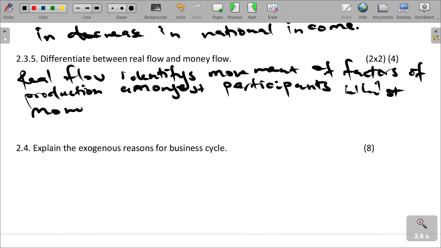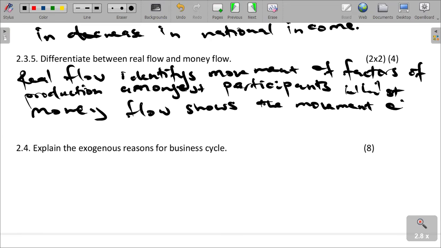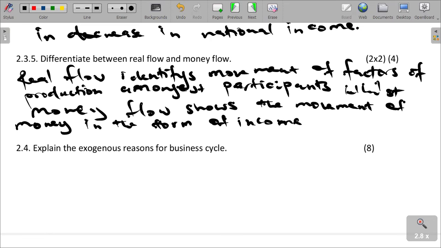Whilst money flow shows the movement of money in the form of income and expenditure among the participants.